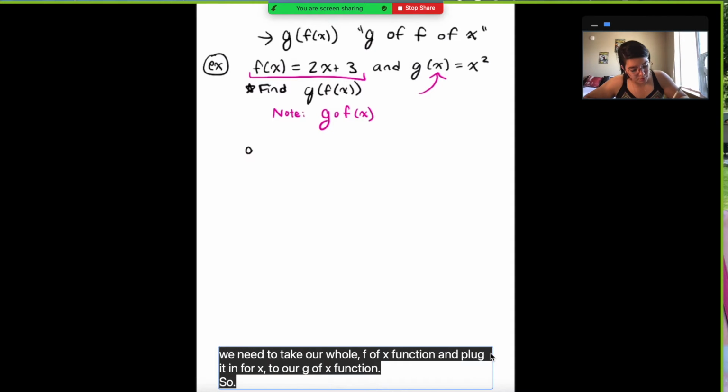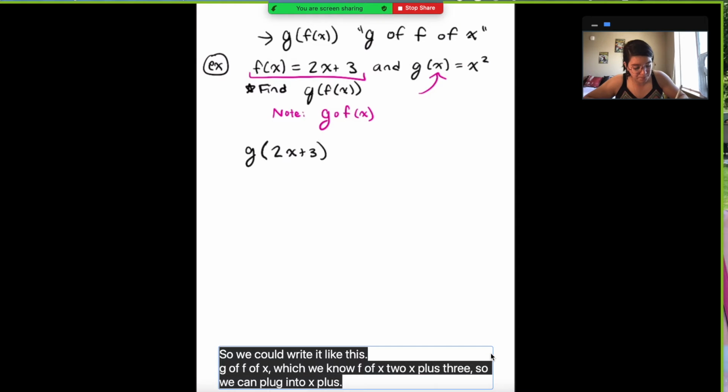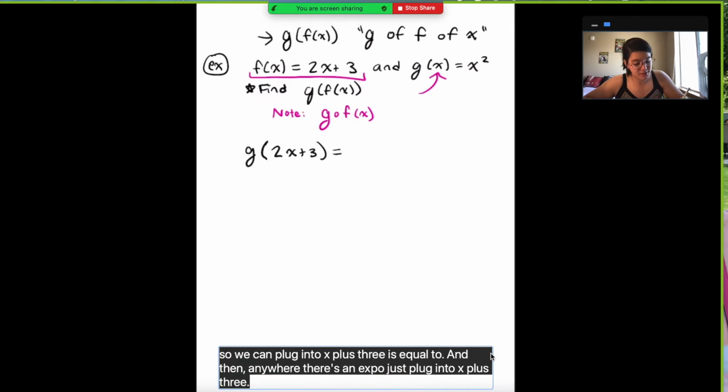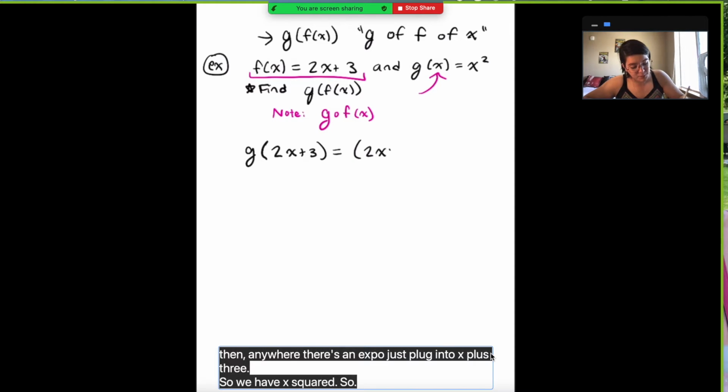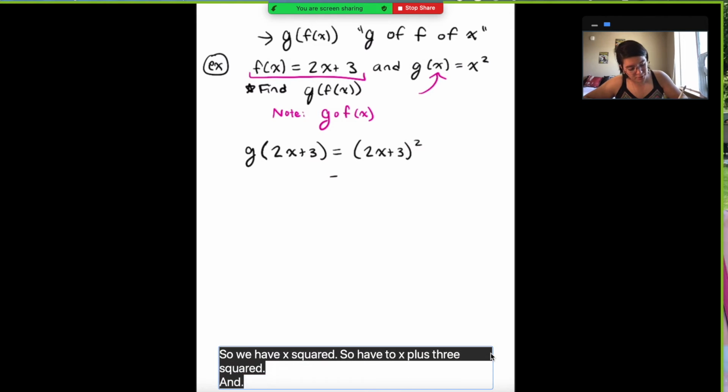So we could write it like this. g of f of x, which we know f of x is 2x plus 3. So we can plug in 2x plus 3 is equal to, and then anywhere there's an x, we'll just plug in 2x plus 3. We have x squared, so we'll have 2x plus 3 squared. And then we can work out the right side of this.